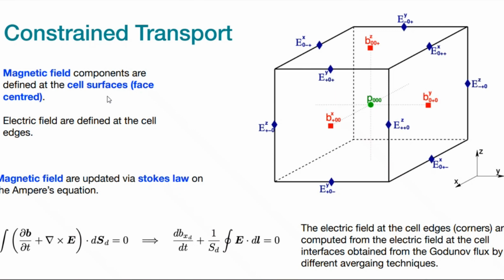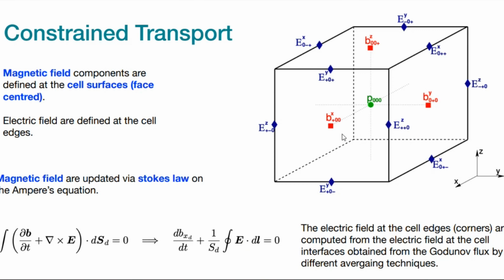So all the fluid quantities are defined on the cell centers. The magnetic fields are at the faces. So I hope you will go back and also see this because it's important for you to follow the figure. So you can see this surface, and this surface. The centers of the surface is where the magnetic field lies.